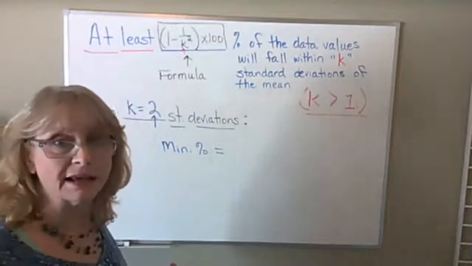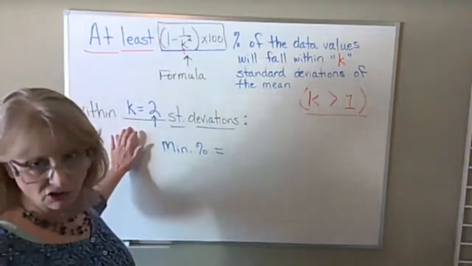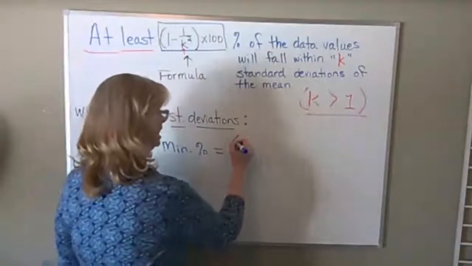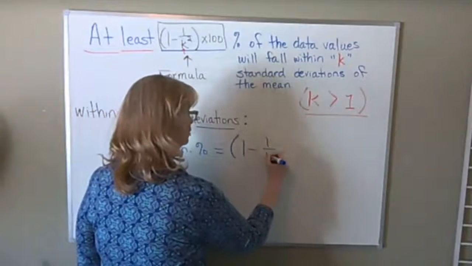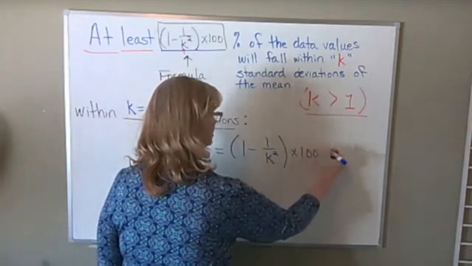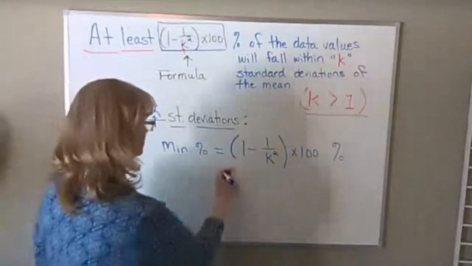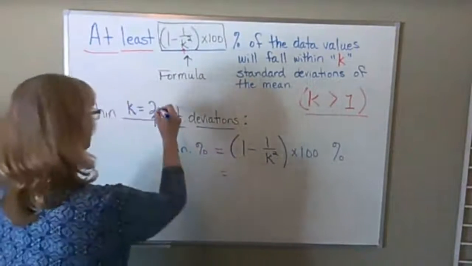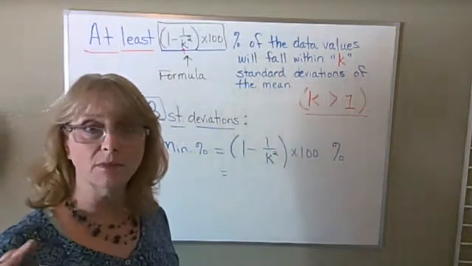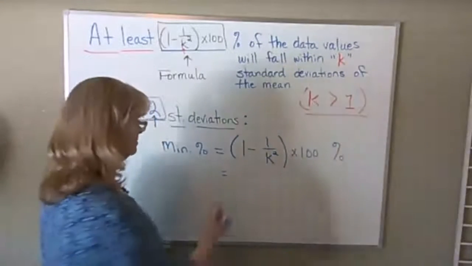We'll look at a particular example from the homework in a little bit. So if k is 2, then using this formula up here, we're going to have 1 minus 1 over k squared, and then we'll multiply it by 100 so that that will give us a percent. So our k in this case is 2, because we want to know what's the smallest percentage that would be within 2 standard deviations of the mean.